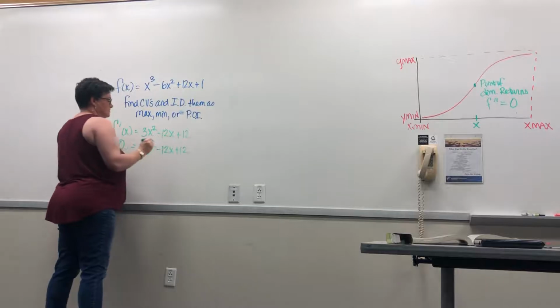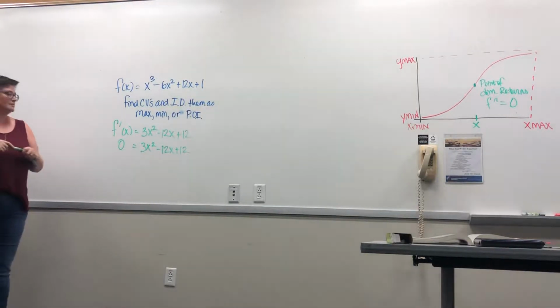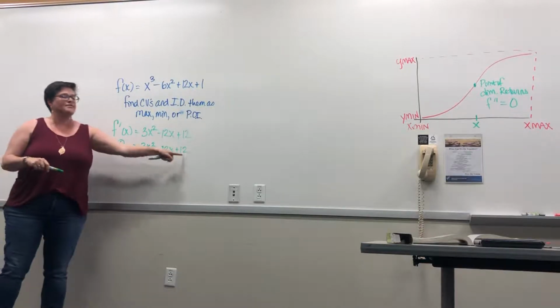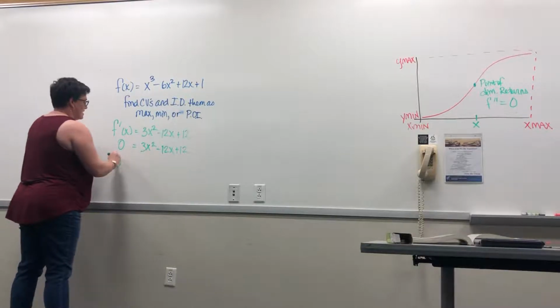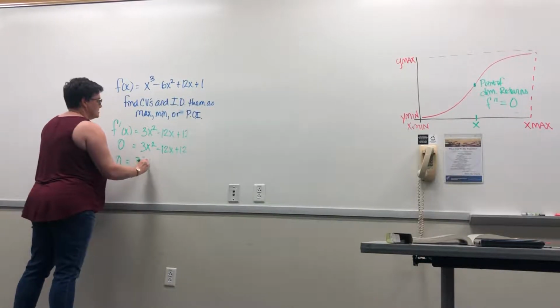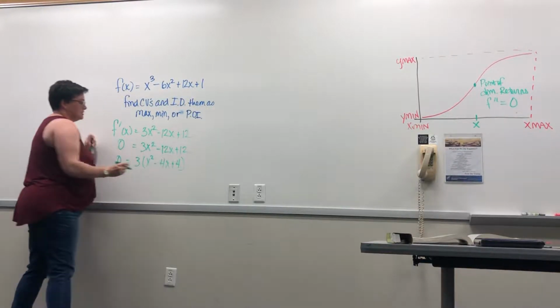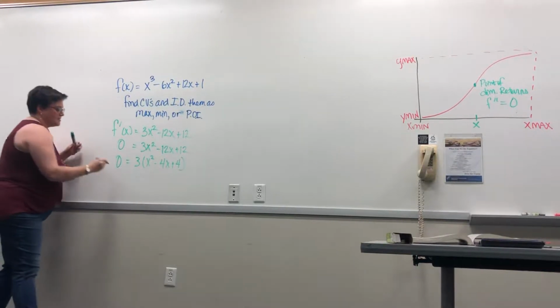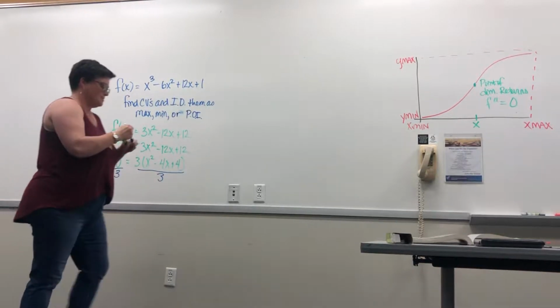What can I factor out of all 3 of these things, guys? 3. So if I do that, I get 0 equals 3 times x squared minus 4x plus 4. And if I divide both sides by 3, I know I'm going really fast, so hang tight, guys. I'll give you a second to catch up.